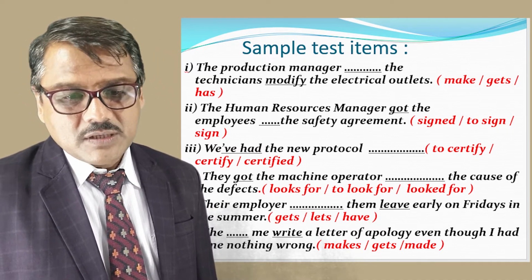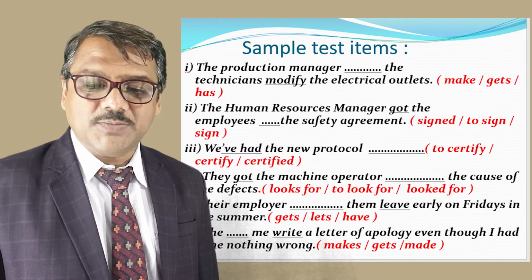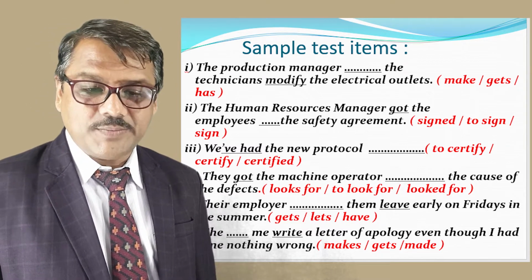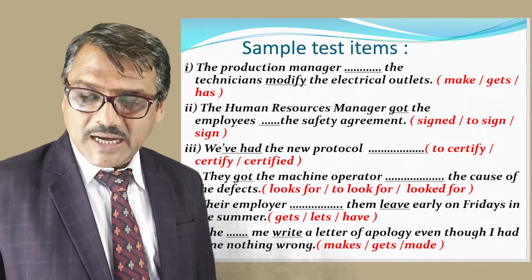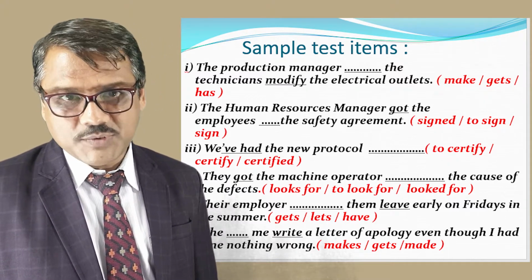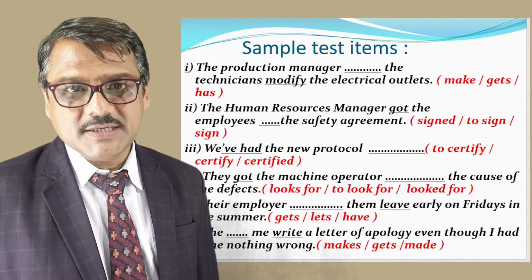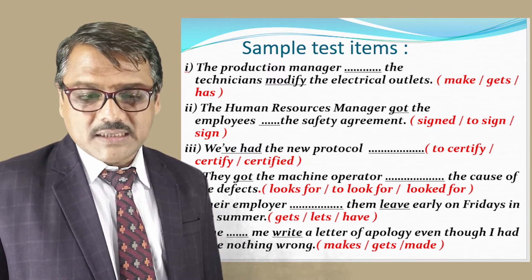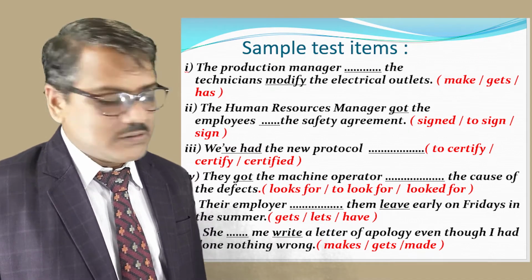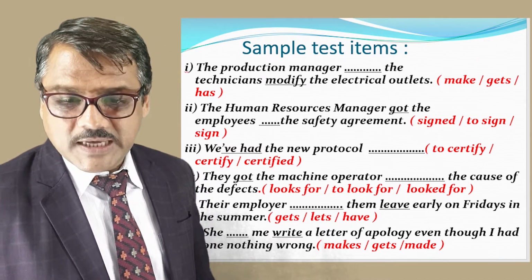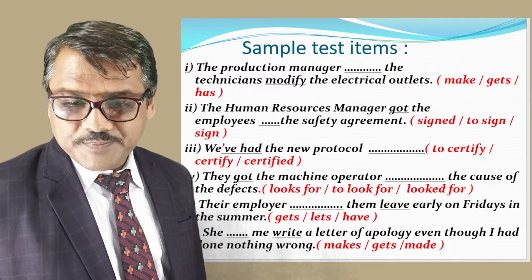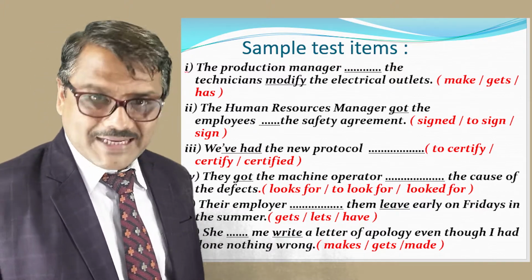The second one is the human resource manager got the employees the safety agreement signed, to sign, and sign. You have to choose the best answer. And the third one is we have had a new protocol, with the options to certify and certified.